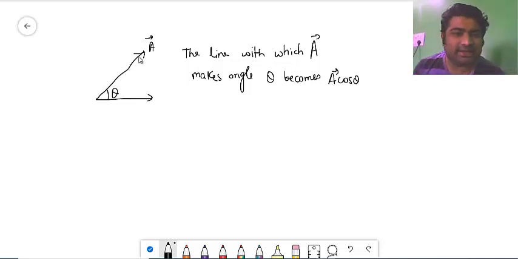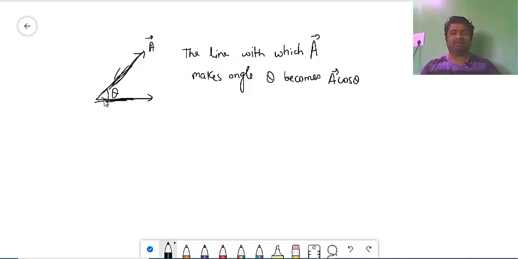Now in this case, this A vector is making theta with this horizontal line. This A vector is making theta with this horizontal line. So simply what I can write, I can write this one.